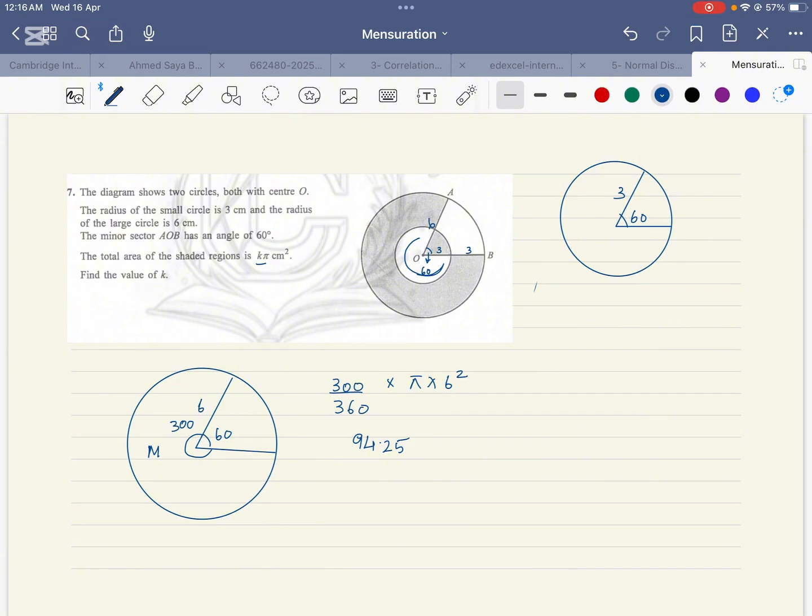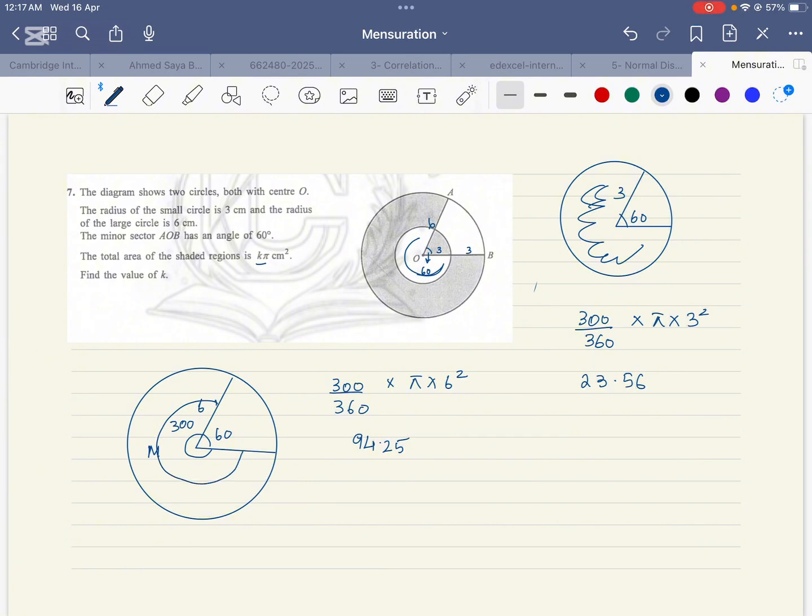So what do we have? The area of this region that we need is 300 divided by 360 multiplied by pi r square. This gives me 23.56. Now I get to subtract this area from this region, only this area from this region.